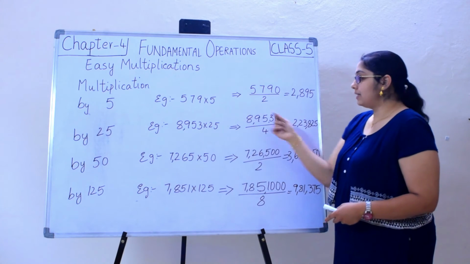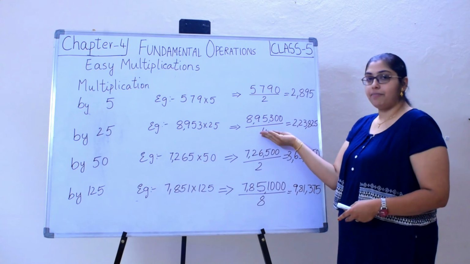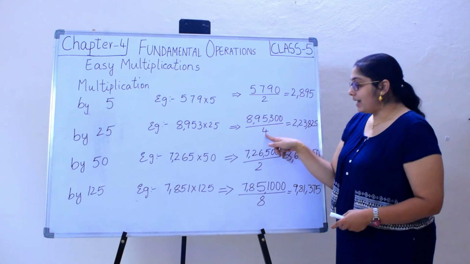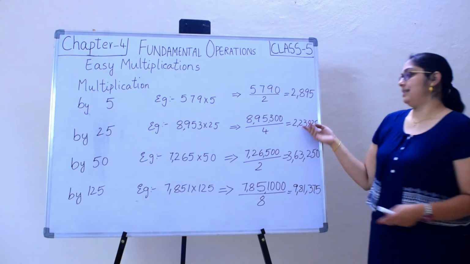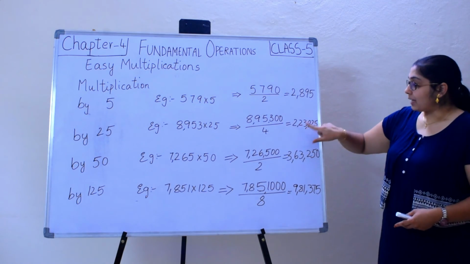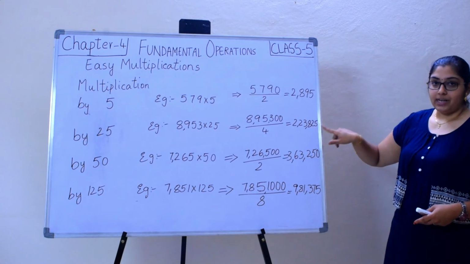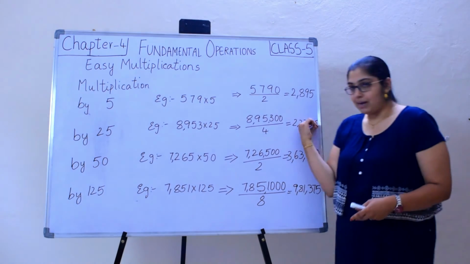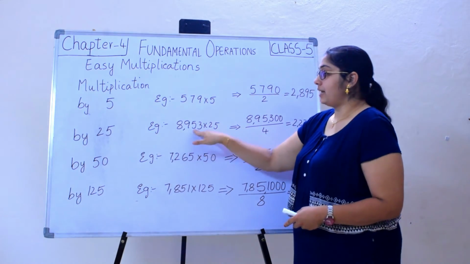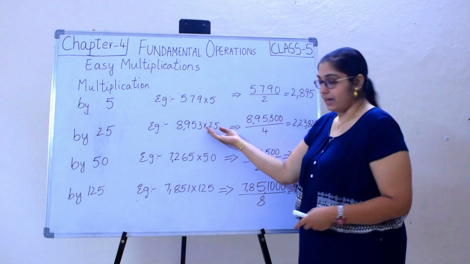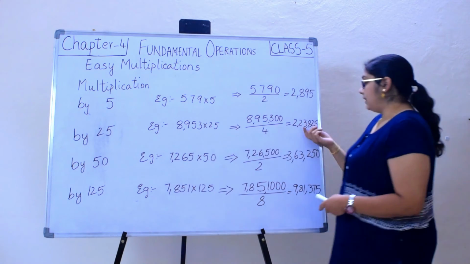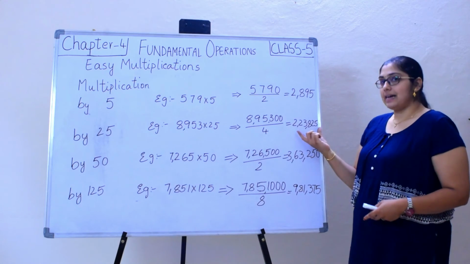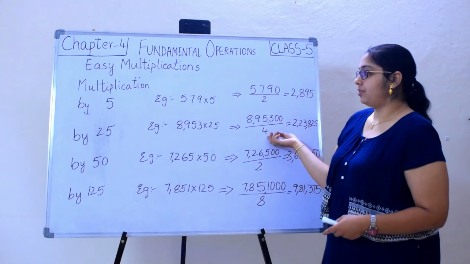For 25 it is add 2 zeros and divide by 4. So when I divide by 4, I get the answer as 2,23,825. So when I multiply this 8,953 with 25, I get this answer. So this is a very easy method children.